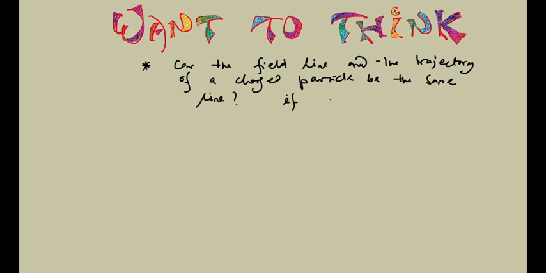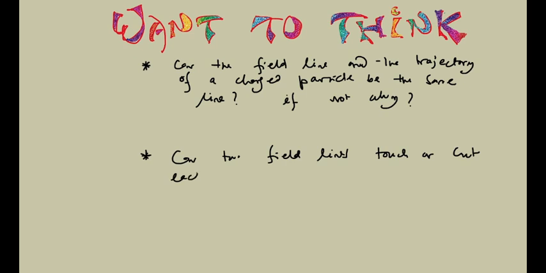If not, why? And the second point I want you to think, can two field lines touch or cut each other? So knowingly I have kept 2 points, that is, can they touch each other, can they cut each other?